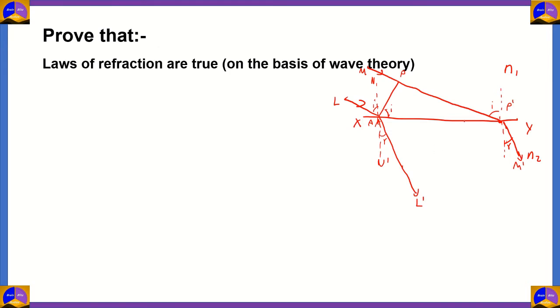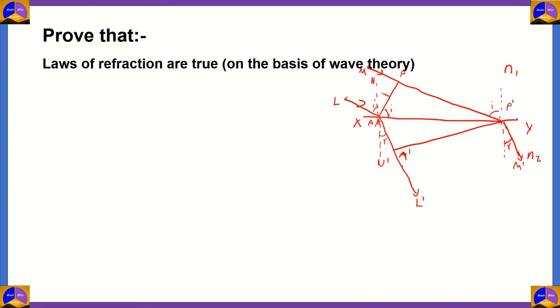So now we can form a separate wavefront based on the refracted wave, which we can label as P dash A dash. So this is the wavefront in the refracted medium.